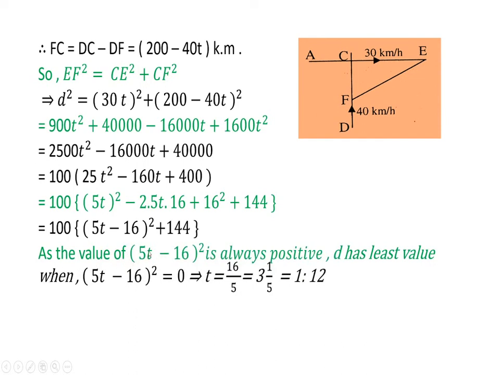As the value of (5T minus 16) square is always positive, d has least value when this value is equal to 0. So from this we get T equal to 16 by 5, that means 3 1 by 5, that means 3 hour 12 minutes. Because you already know converting the time.